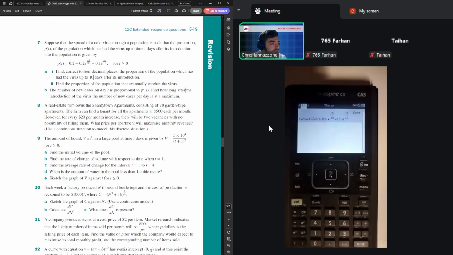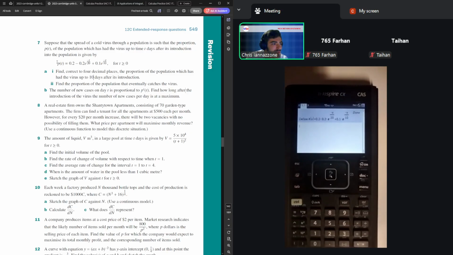But okay, cool. So our population is given by a function made up of exponentials, more specifically decaying exponentials because they've got the negative coefficient in the top. And it's a population equation, the proportion of the population that has the virus.